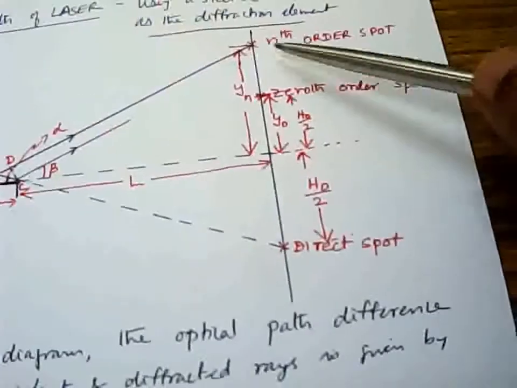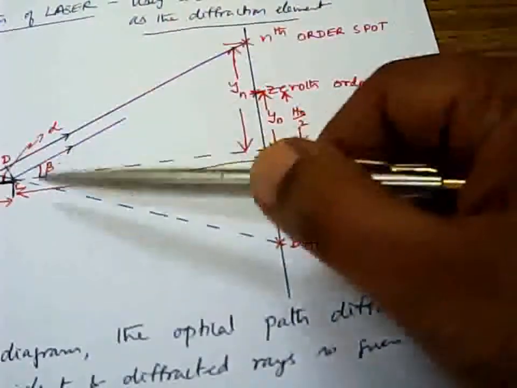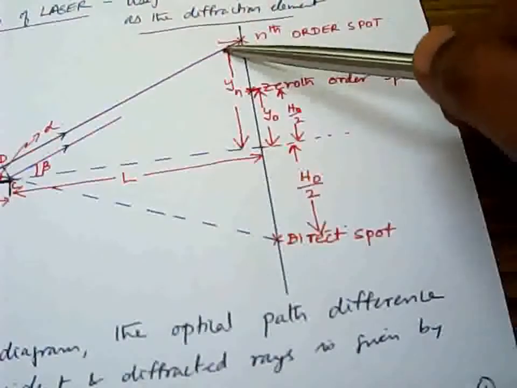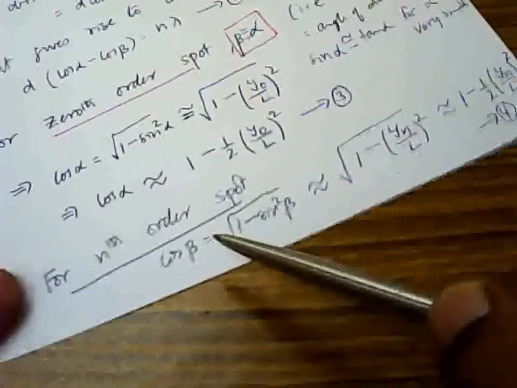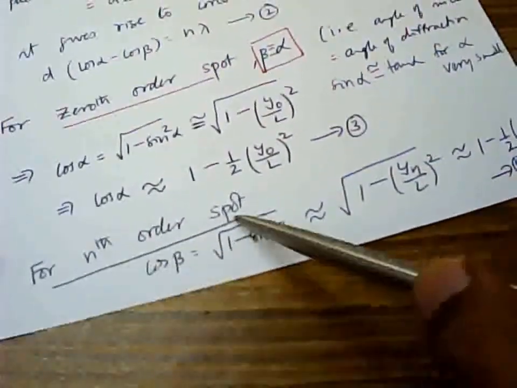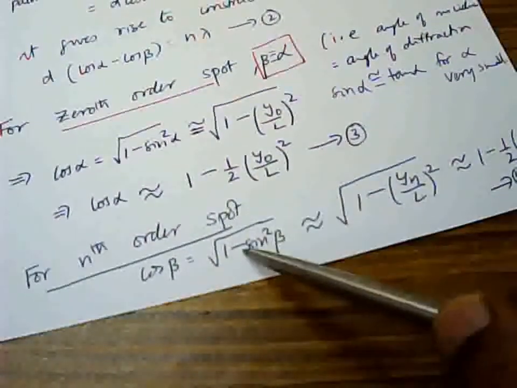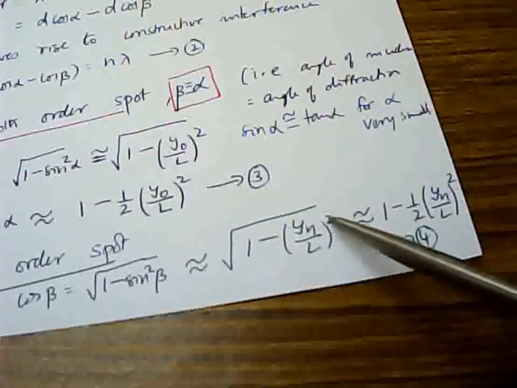If you consider the nth order spot, that is here, then tan beta corresponds to yn divided by L, and that is the reason why for the nth order spot, cos beta is going to be equal to square root of 1 minus sine squared beta, which is equal to square root of 1 minus yn by L whole square.